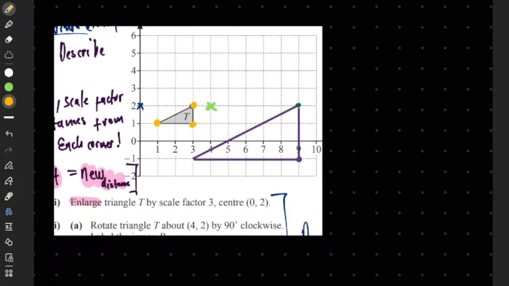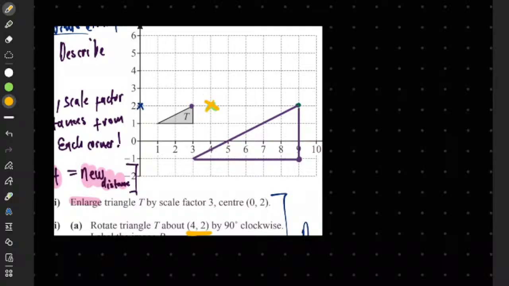For rotation and enlargement, these two have centers. You start from where you are told. So here you are told that the center is at 4, 2. So everything is starting from here. When we are rotating, the only thing we need is coordinates, and we are fine.